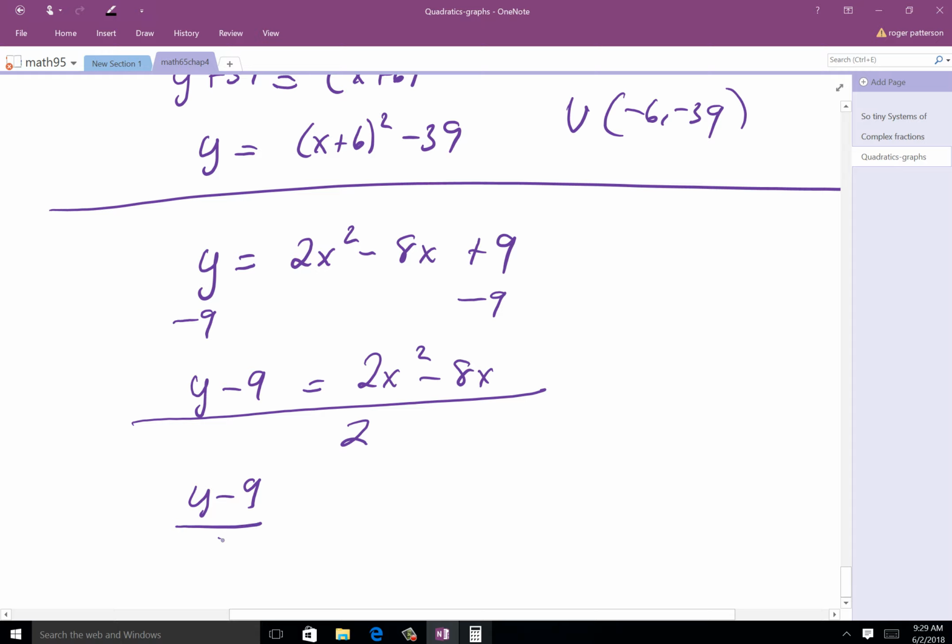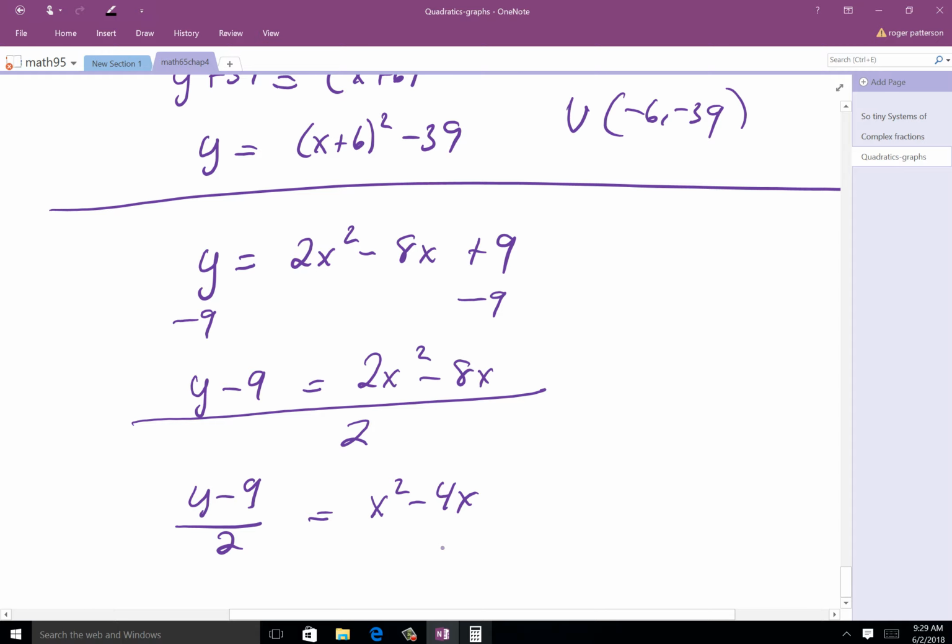And the reason being is because now I have this. Okay? Notice that I didn't divide anything over here by 2. I left it alone because I'm not interested in that part. This is the one I want to fix. So I divided by 2. Why? Because then now what do I have here?